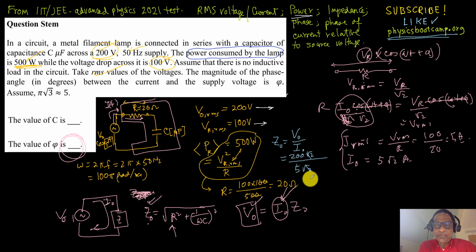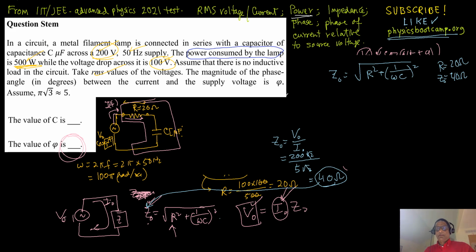So this is 40 ohm. Okay. So now if I put 40 inside here and try to solve for C, let me see what I get. I'm going to pause.